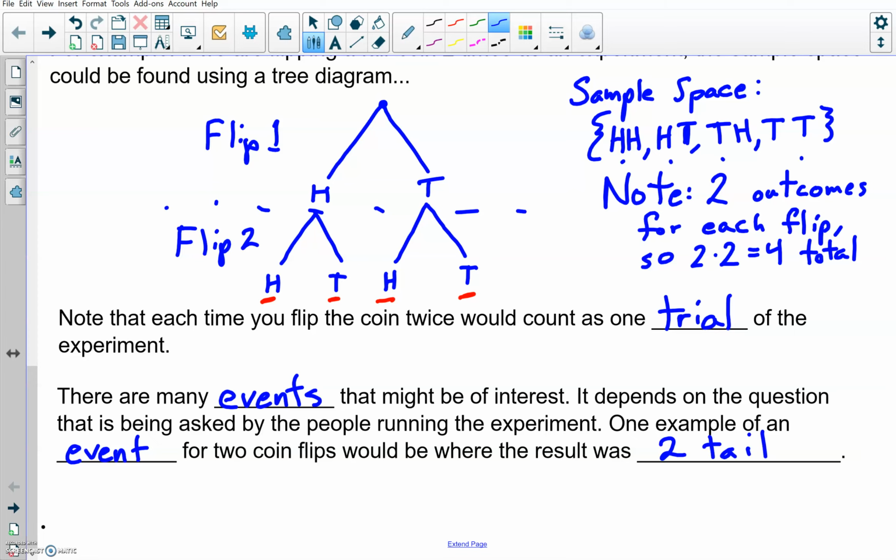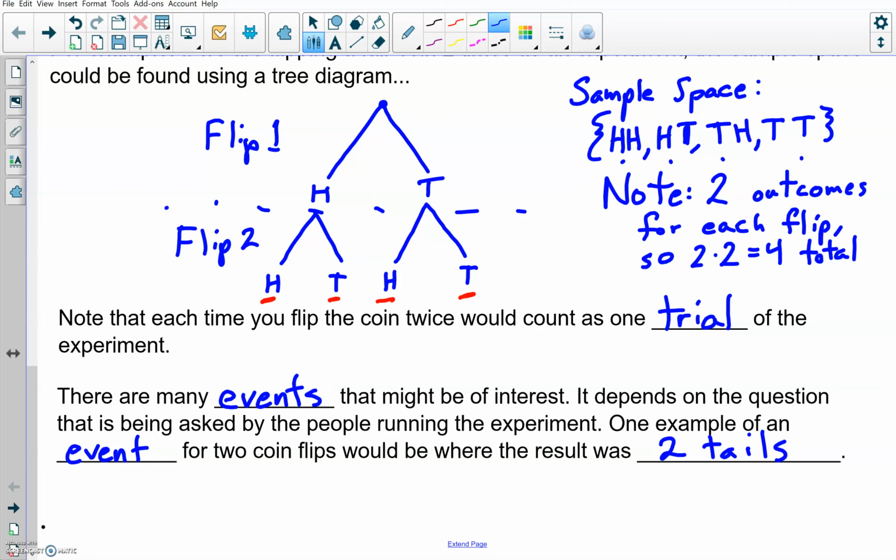So you would look up at the sample space and say which outcome satisfies that event. And you look here and you say, oh, there's 1 outcome with 2 tails, so that satisfies the event of interest. So there's 1 out of 4 for the probability of that event.